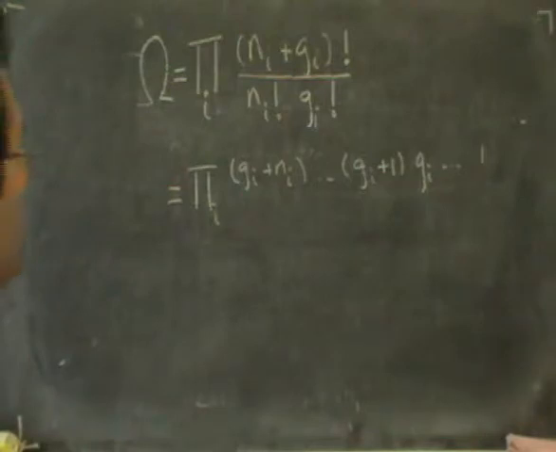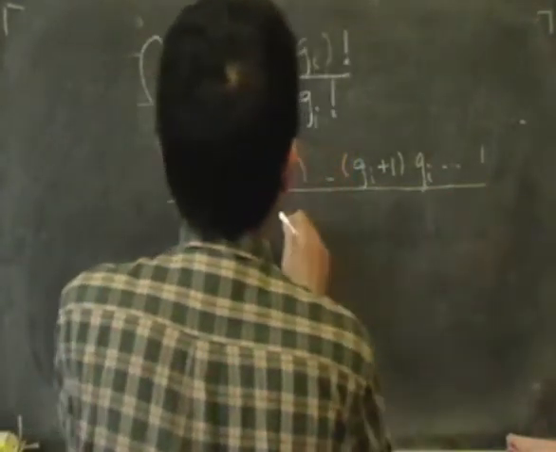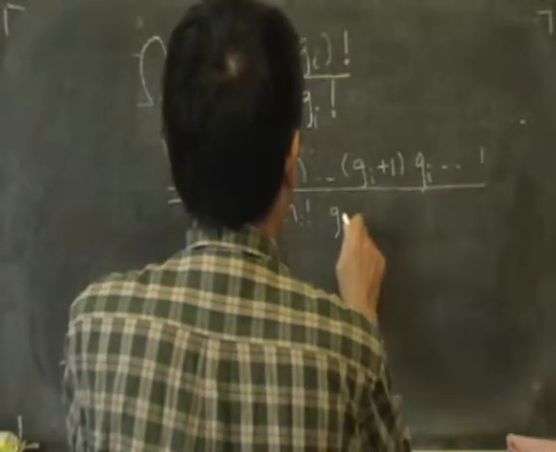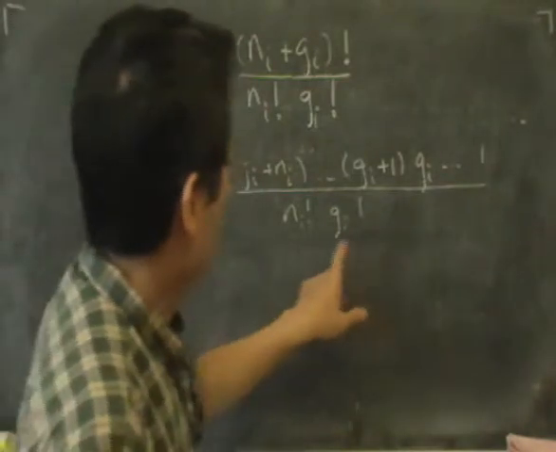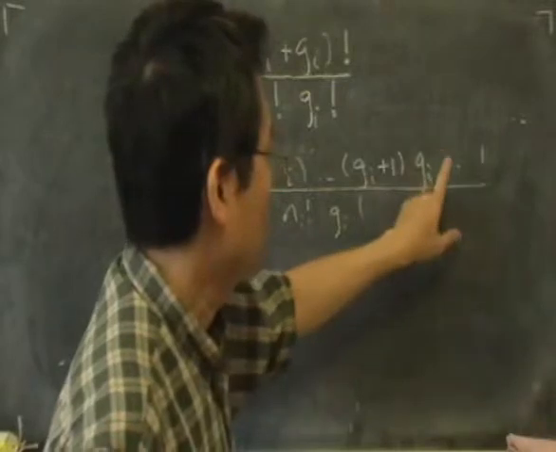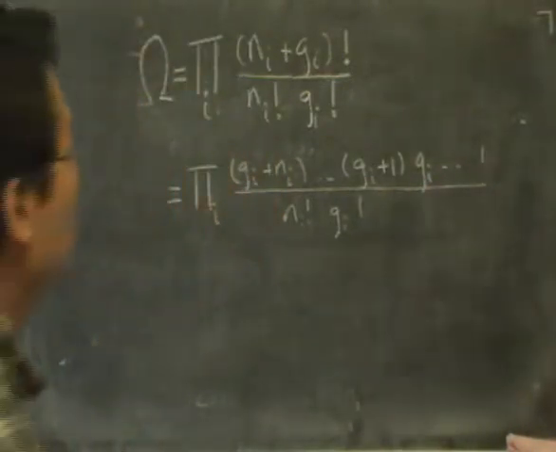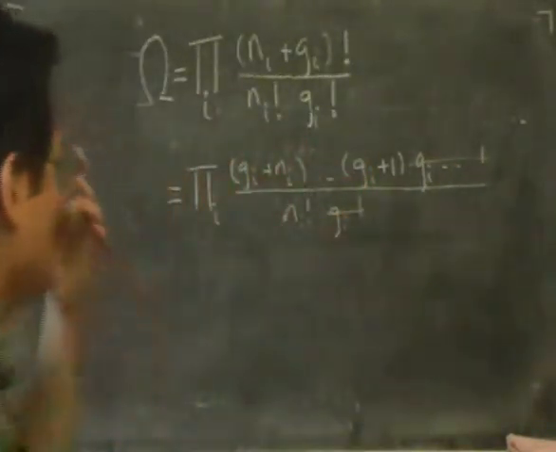So that's the factorial of gi plus ni, divided by ni factorial gi factorial. If you look at this, notice that gi factorial is the same as this part, gi minus 1 and so on until 1. So this can cancel and then we are left with this.